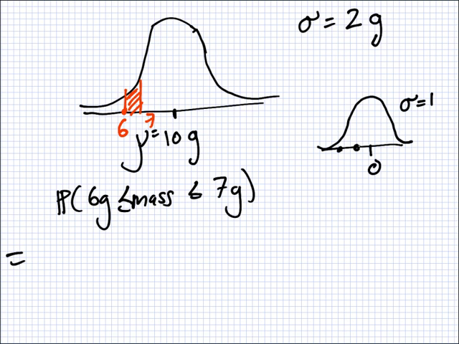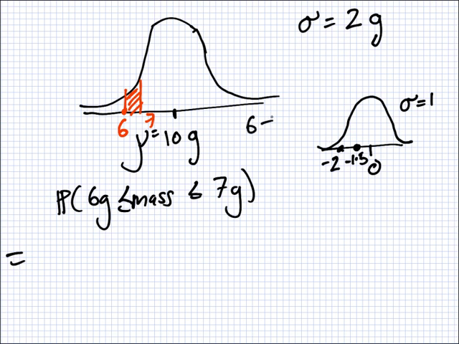What do 6 and 7 become? Minus 2 and minus 1.5. How do you get minus 2?